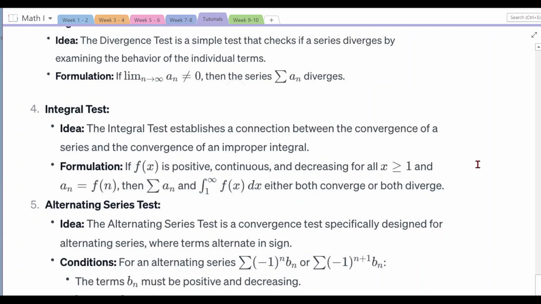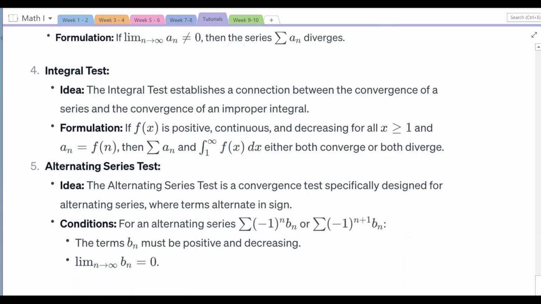The next test is the integral test. This is special for series that are positive and continuous, as you can see here.